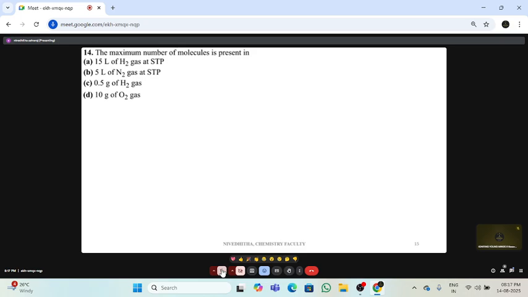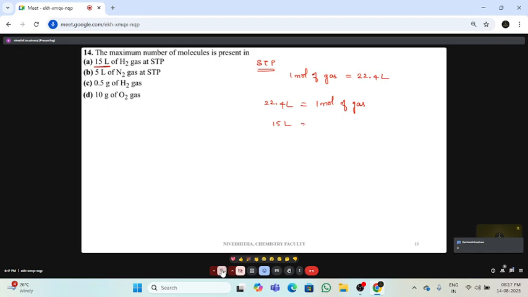How to do that? See, at STP, 1 mole of any gas occupies 22.4 liters. That's it. Here is the clue. So if 22.4 liters is occupied by 1 mole of gas, in the first option the volume was 15 liters.